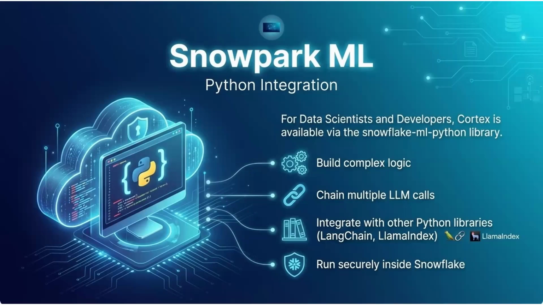And Snowpark is one of the new APIs which Snowflake invented for machine learning and optimizing at the data level. So, Python integration. These LLM functions and LangChain functions are all available in the Snowpark ML Python library, where Cortex features are also available through this library.